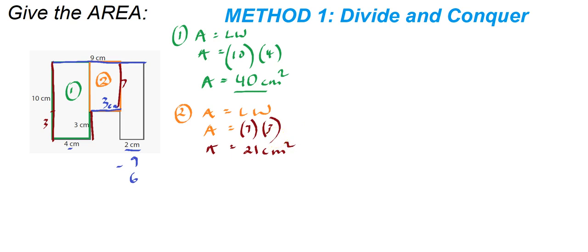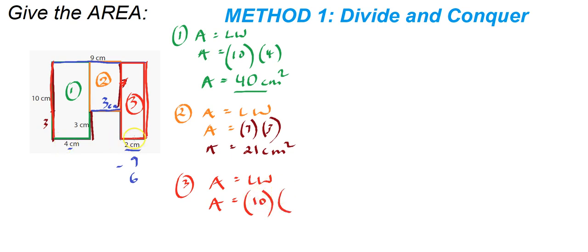I'm up to the last rectangle that I need to worry about, and that's this one. I'll call that one rectangle number 3. So rectangle number 3, again, I use my same formula, area equals length times width, and I just have to fill it in. I know the length, it's the same as this length, so that's a 10.